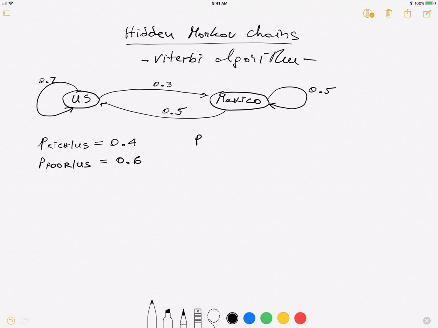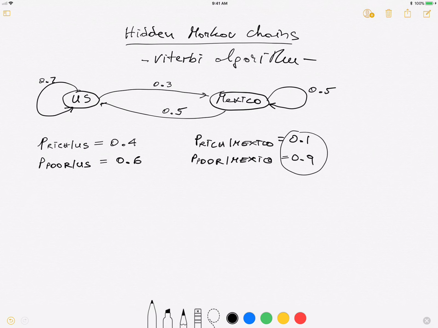The probability the family is rich if in Mexico is say 0.1, and the probability it is poor if in Mexico is consequently 0.9. Observe the sum of these two is 1, as well as the sum of the other two, because the family is either rich or poor in the United States, or either rich or poor in Mexico.